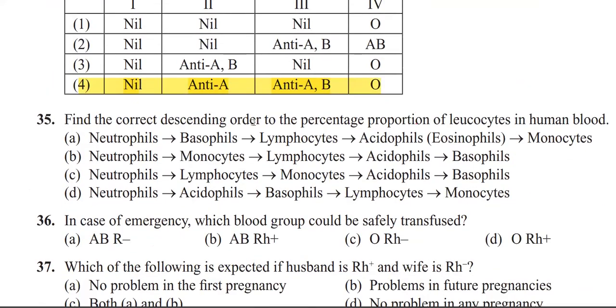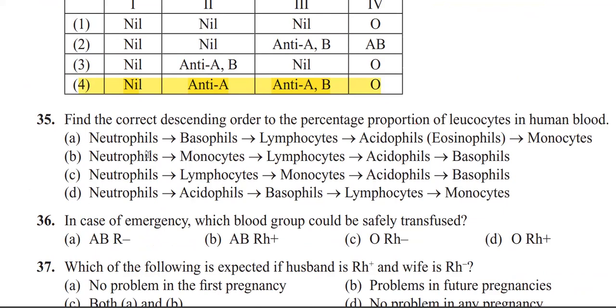Find the correct descending order of the percentage proportion of leukocytes in human blood. Neutrophils, basophils, lymphocytes, acidophils, monocytes. We know that neutrophils are 60 to 65, basophils 0.5 to 1, lymphocytes 20 to 25, so it is incorrect.